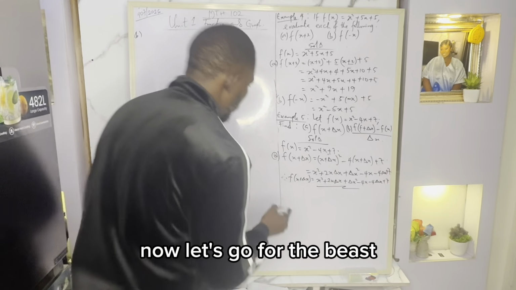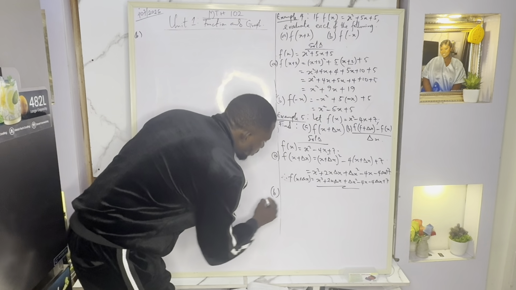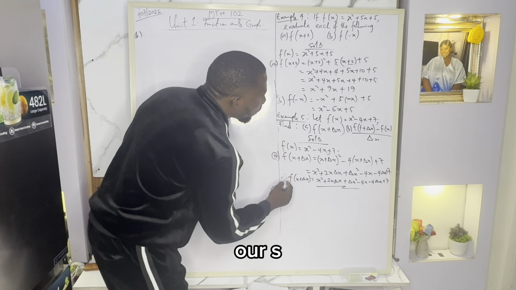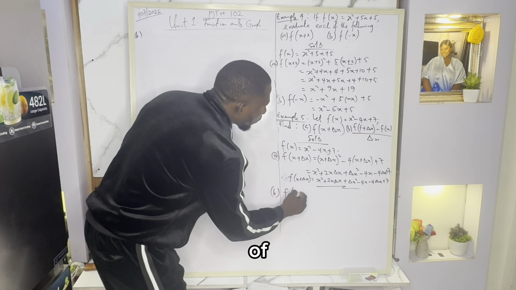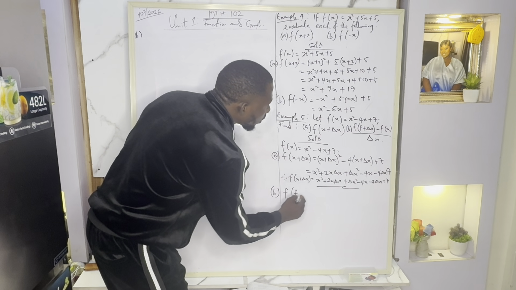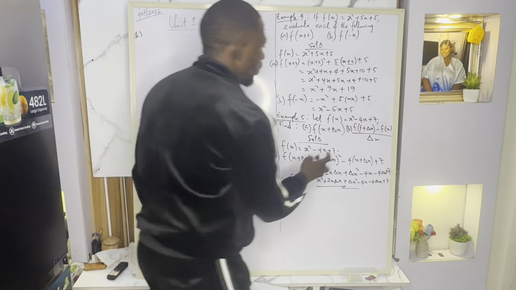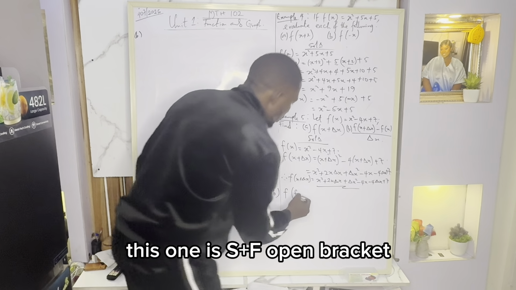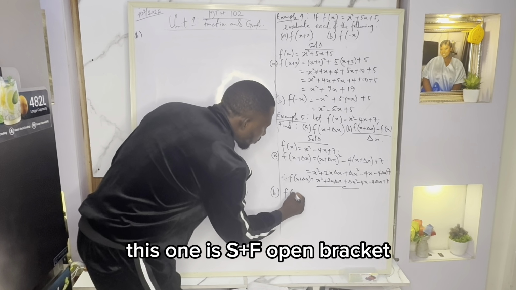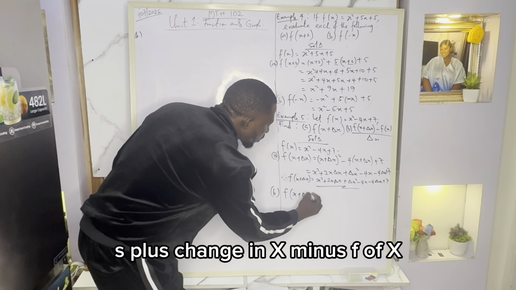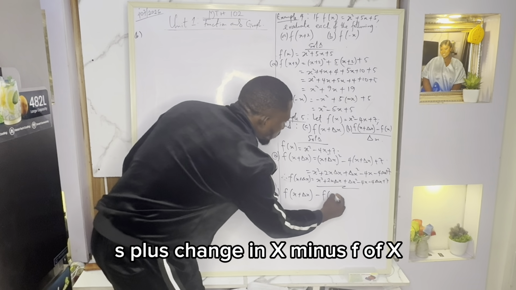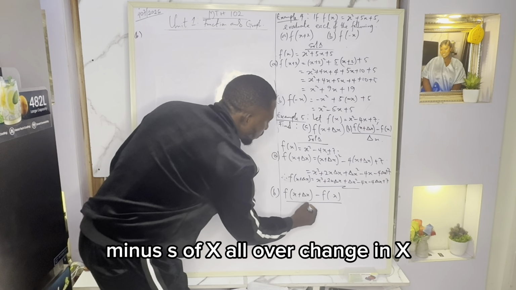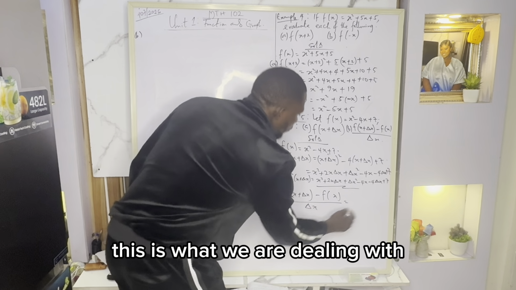Now let's go for the B. We have f of x plus change in x minus f of x, all over change in x. This is what we are dealing with.